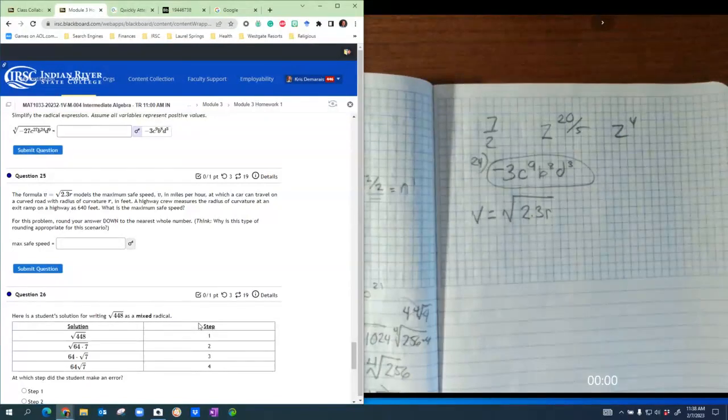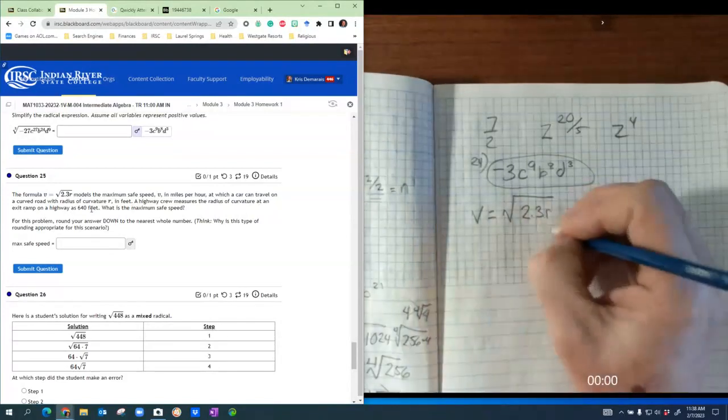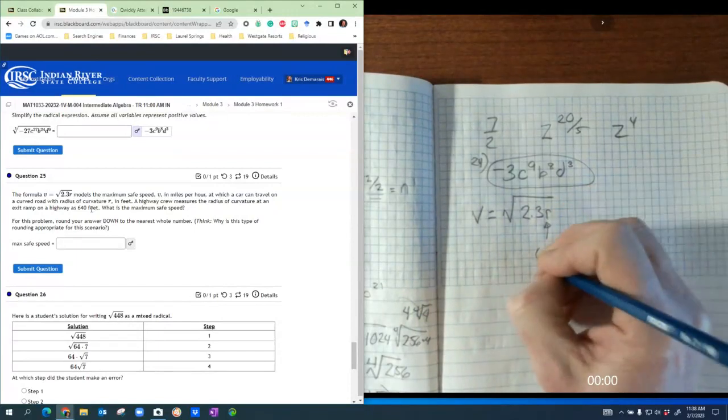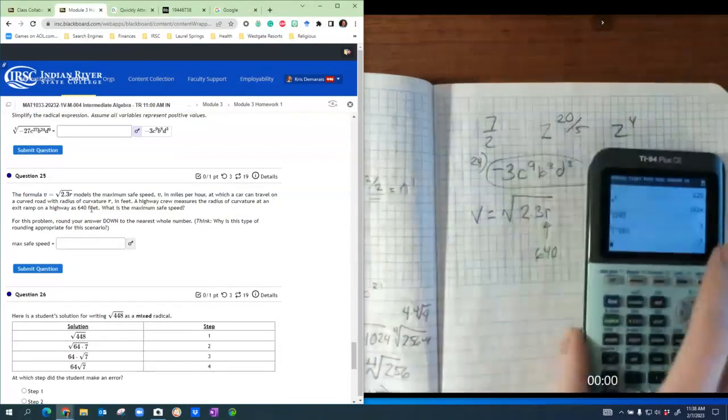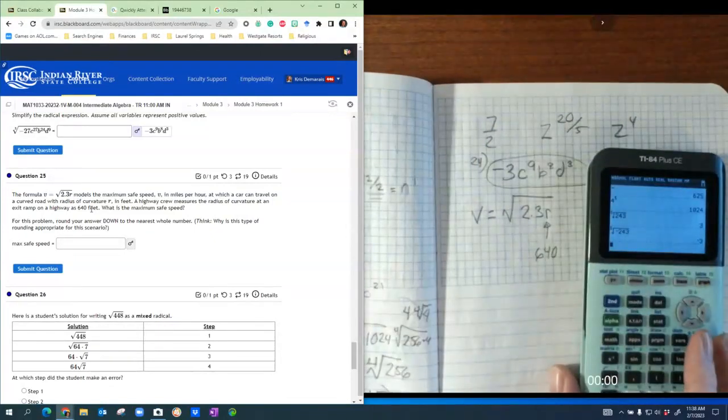They're asking you, a highway crew measures the radius of curvature at an exit ramp on a highway as 640 feet. So this is the value of R. So all we have to do is take, it says maximum safe speed.